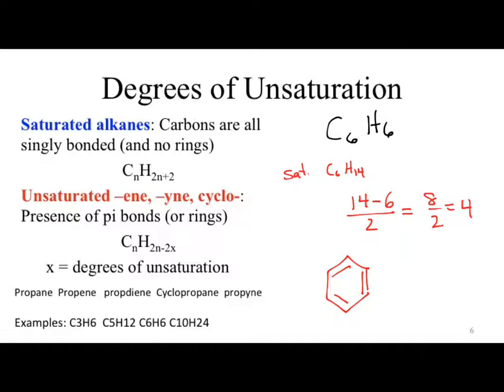Pi bonds and rings. How many pi bonds are in this structure? So we get 3 pi's. What else do we have? 1 ring. Total that up, what do we get? 4 degrees of unsaturation. Okay, so we end up finding our 4 degrees of unsaturation within a benzene ring. Kind of makes sense?